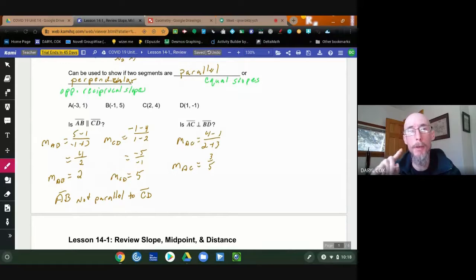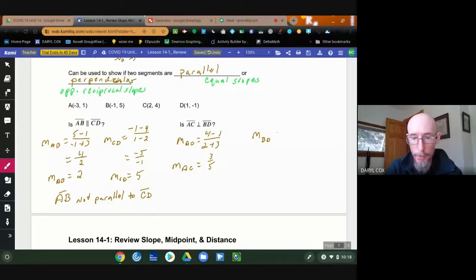If I want these to be perpendicular, what should the slope of BD equal to? So you should have said that, hey, I need the opposite reciprocal. So 3/5 is positive, so I want it to be negative. And 3/5, flip it over, 5/3. So I want my slope to be -5/3. Go ahead, calculate the slope of BD.